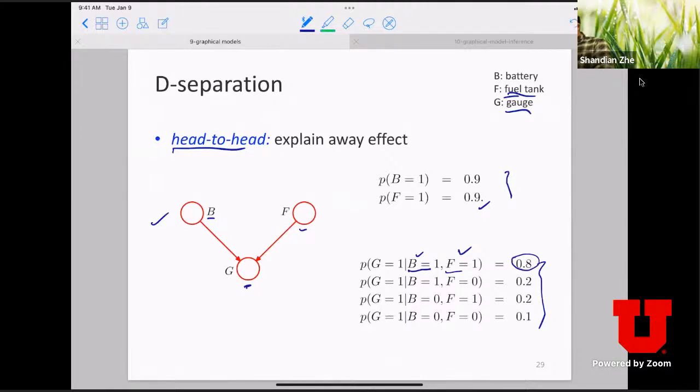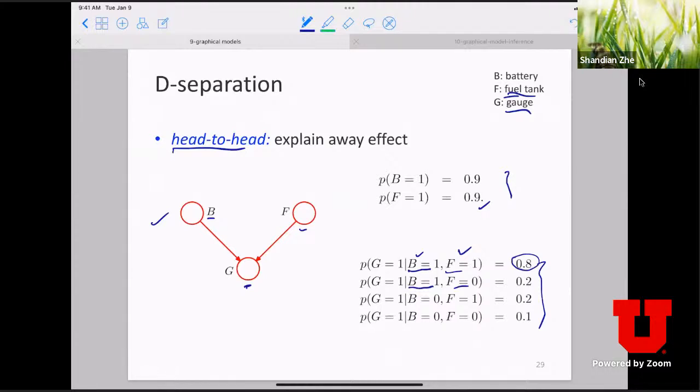It is possible. And that corresponds to the second case. So given your battery is alive but your actual fuel tank is empty, you still have a small chance, which is 0.2 here in our model, of a non-zero gauge reading.